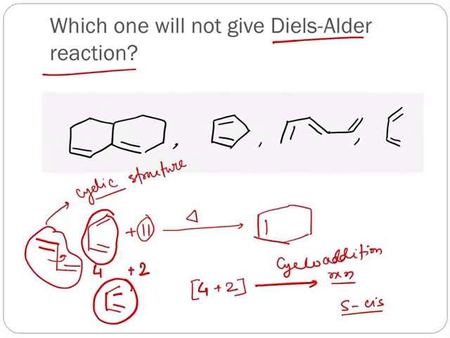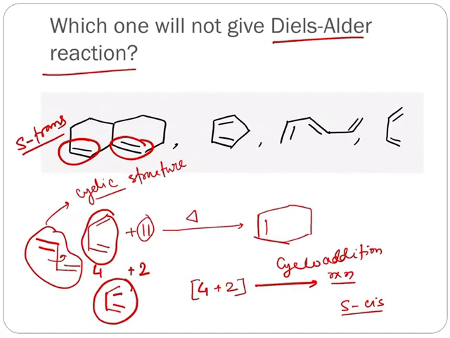So let's check. The first one, the diene is S-trans. That means this will not participate in Diels-Alder reaction because first of all it is the S-trans structure, and the second thing is it is in the cyclic structure also.